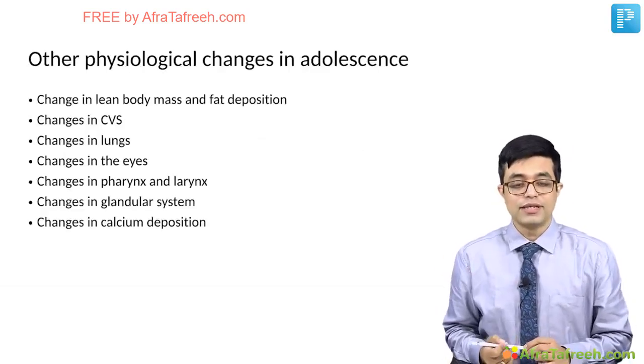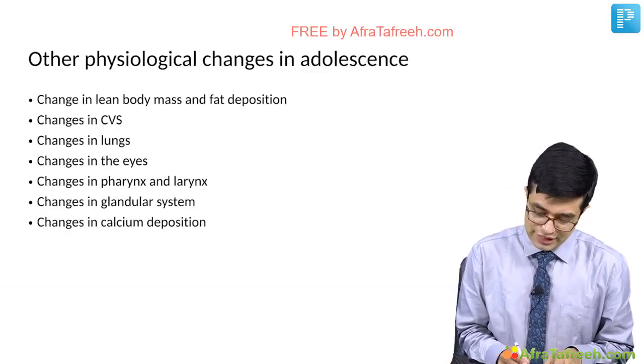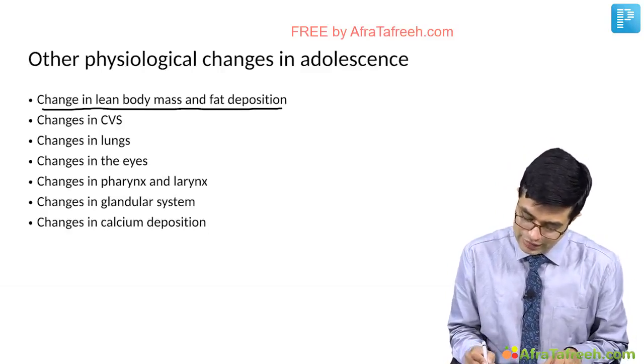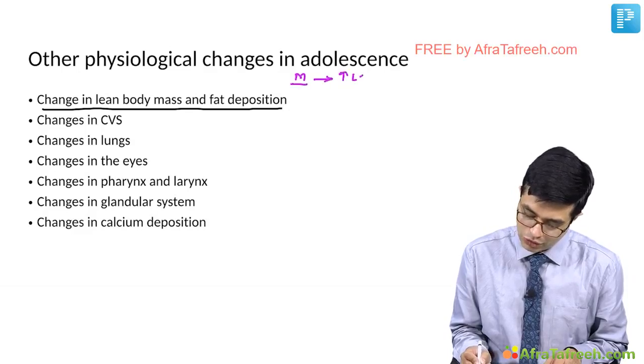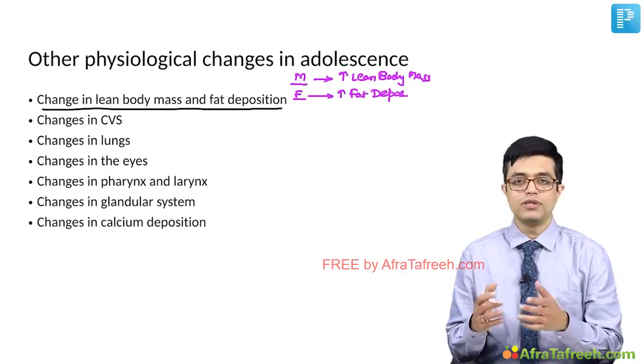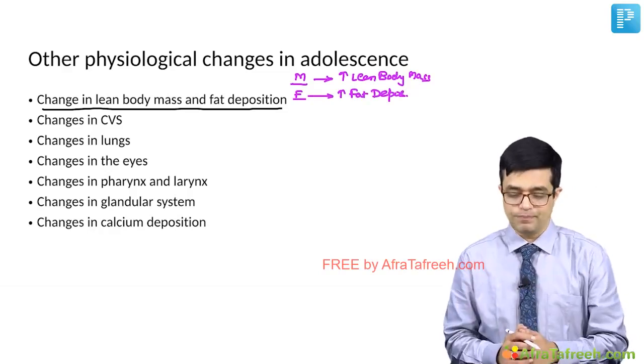Other physiological changes in adolescence which can happen. First is changes in the lean body mass and fat deposition. In case of males, there is increase in the lean body mass. Whereas in case of females, there is increased fat deposition, particularly around the thighs and the buttock region.